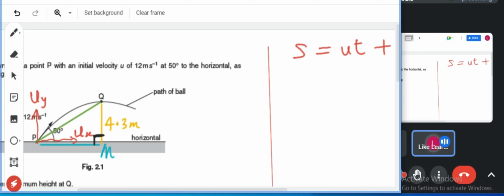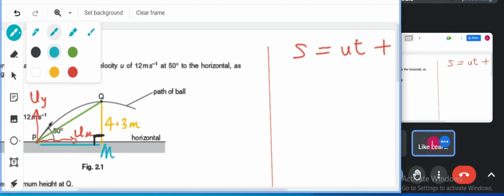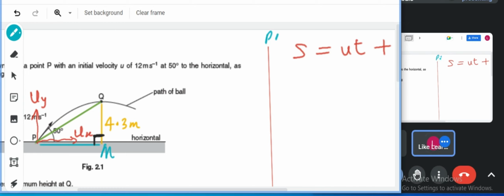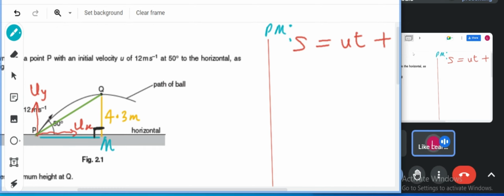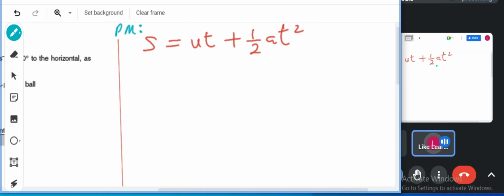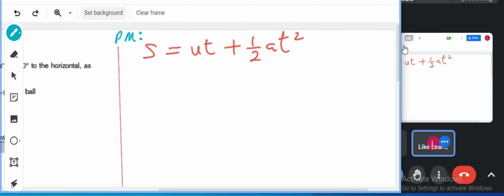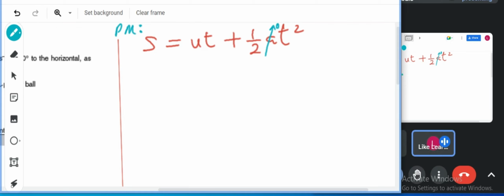Just for us to get the PM, distance PM, that's what we're looking for. S equal to ut plus half at squared. And since a is 0, I told you the horizontal component has no acceleration, isn't it? Yeah. So the whole thing here will be 0. So that will just give us s equal to ut.